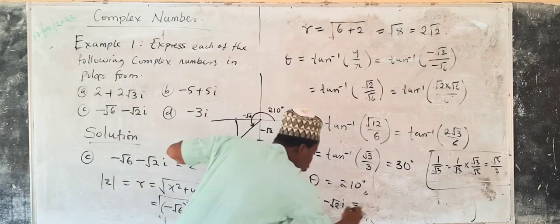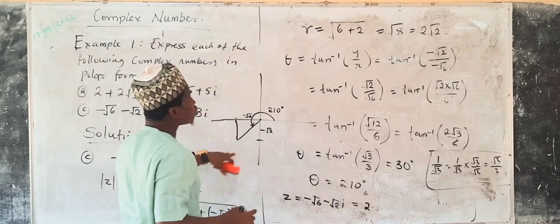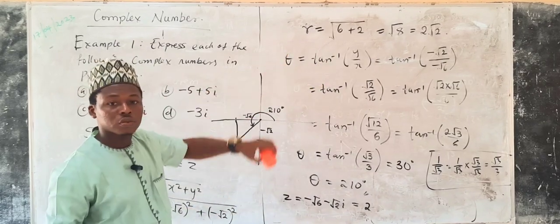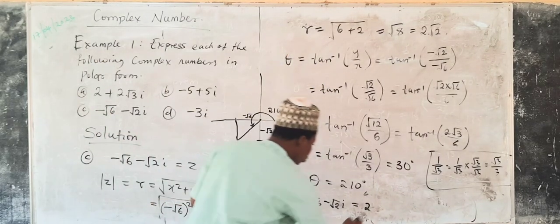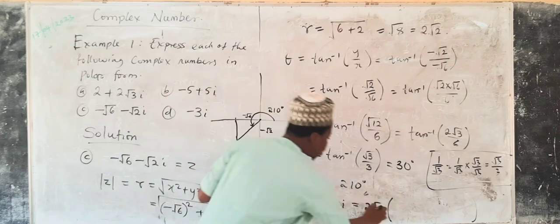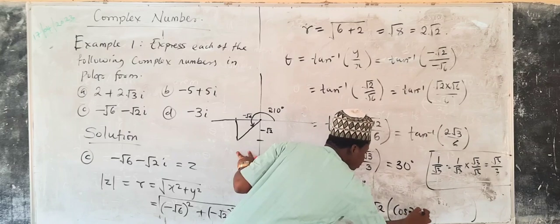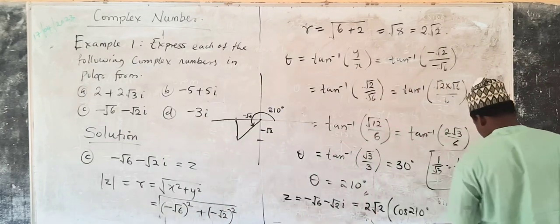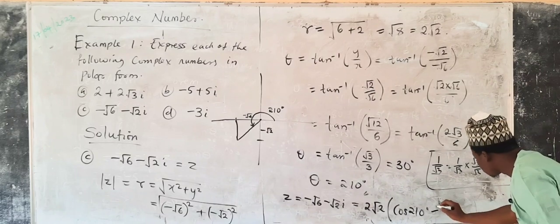I already told you, it's 2 root 2. Oh, sorry, 2 root 2. Open bracket cos 210 plus i sin 210.